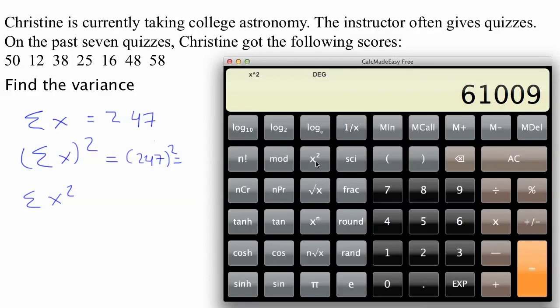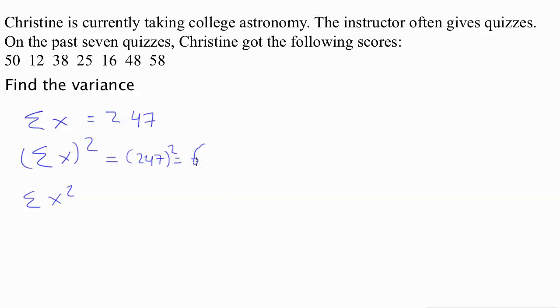It gets 61,009. And now I need to get sigma x squared.